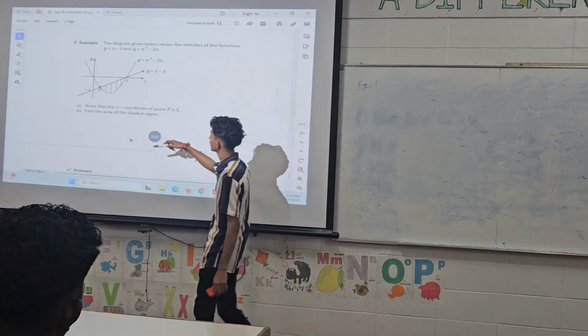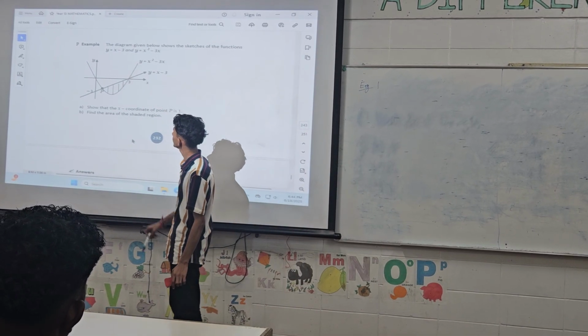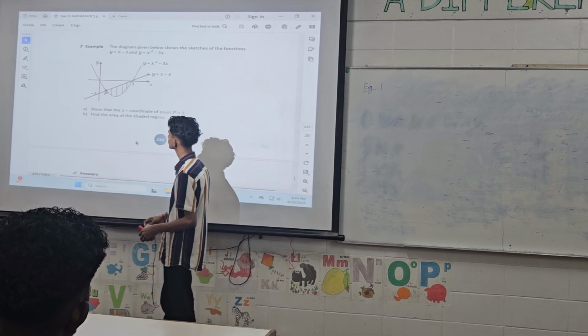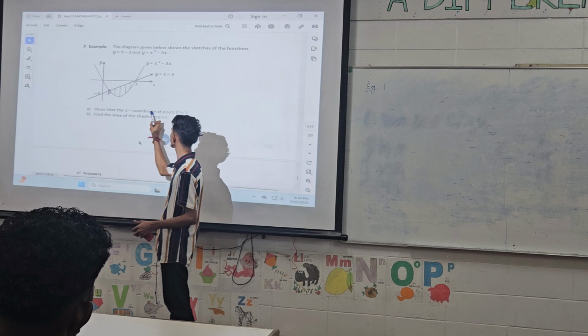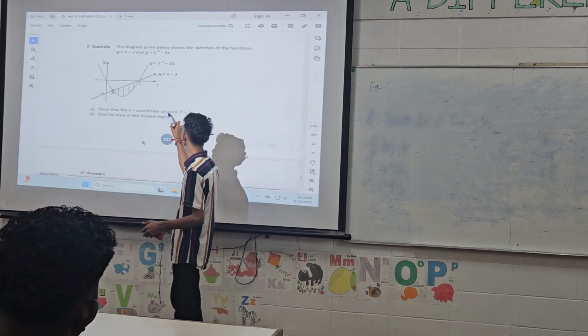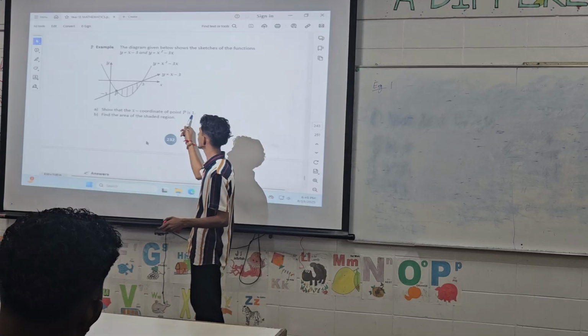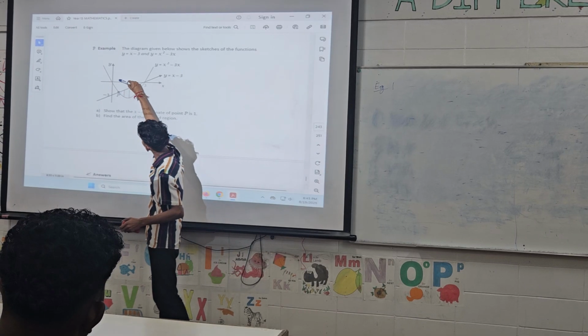They have already given the graph and this is the shaded region. First, they are saying show that the x coordinate of the point P is 1. We have to prove that at point P our x coordinate is 1 here.